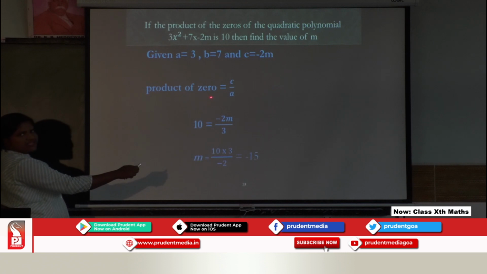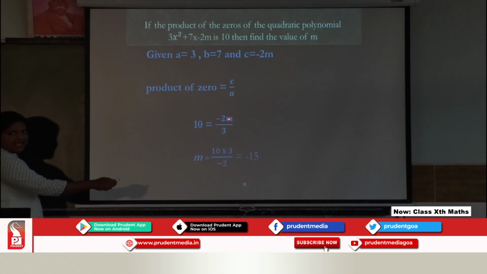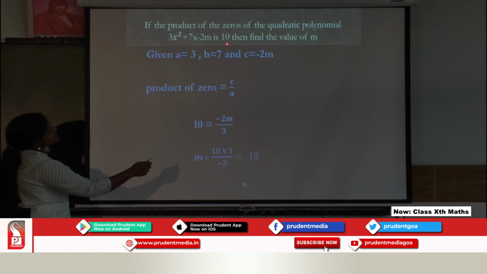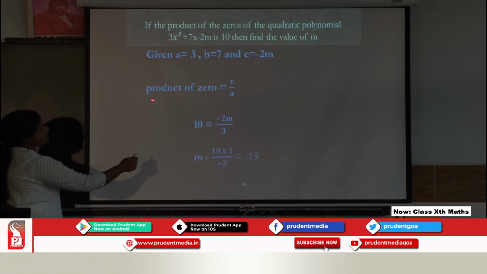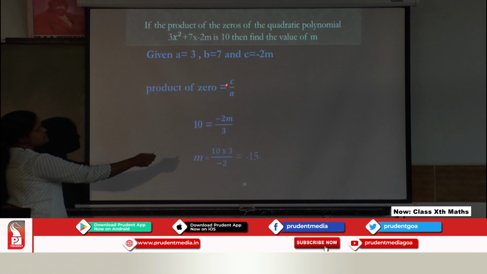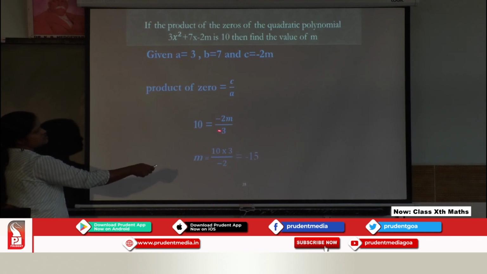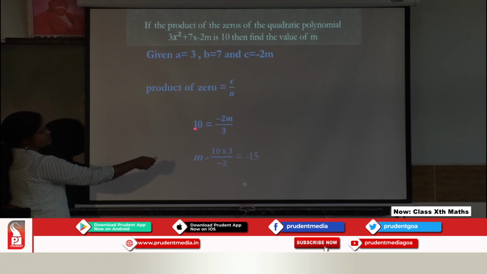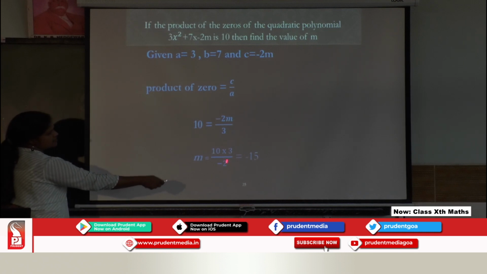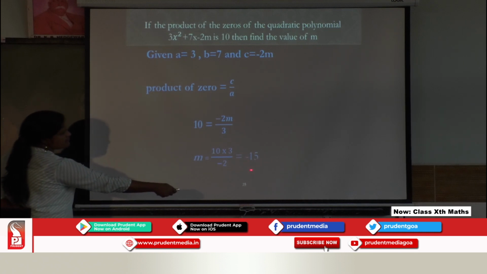Product of zeros formula is c upon a. So, we substitute now. Product of zeros is given as 10. The answer is already given. So, product of zeros is 10, c is given as negative 2m, a is given as 3. So, just cross multiply, 10 into 3 divided by negative 2. Therefore, your m will be negative 15.